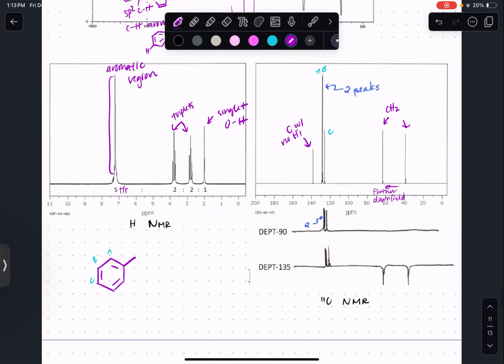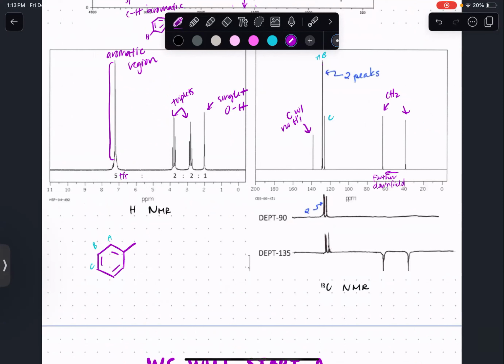So I have 2 carbons here that are triplets, probably carbons with 2 hydrogens that are being split into triplets by 2 other hydrogens.